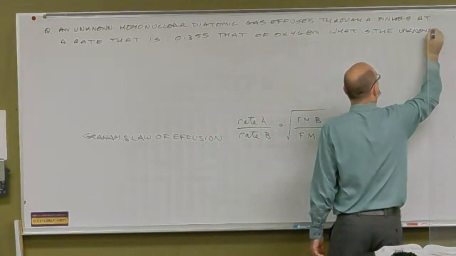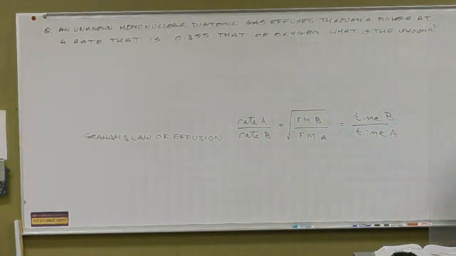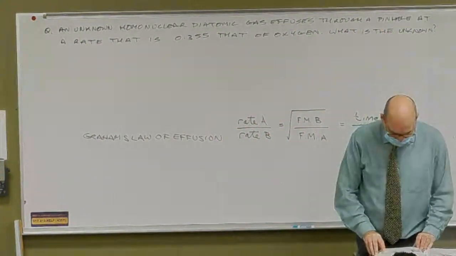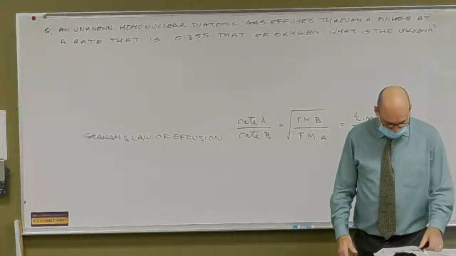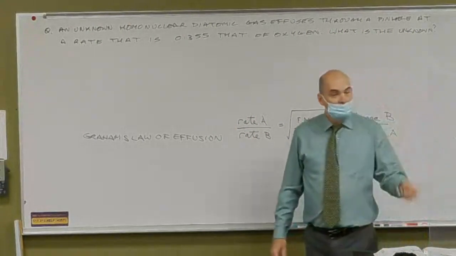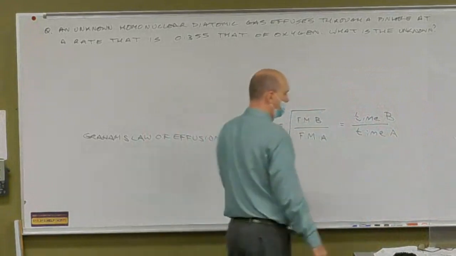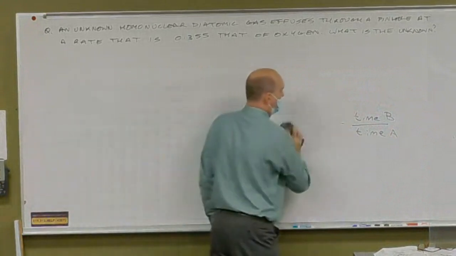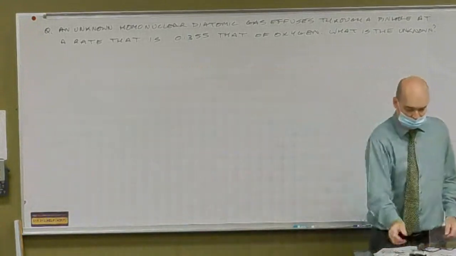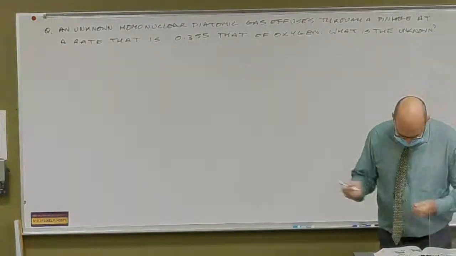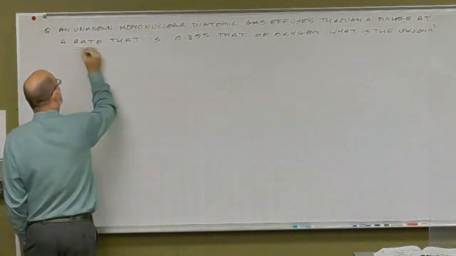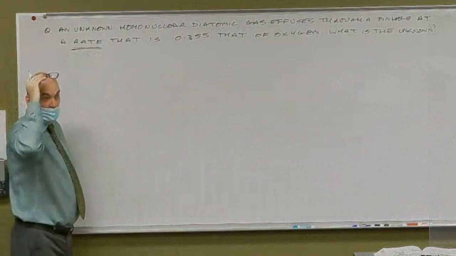There's a gas, and it diffuses through a pinhole at 0.355 times the rate that oxygen does. Identify the gas. Okay. The question says this is a rate.